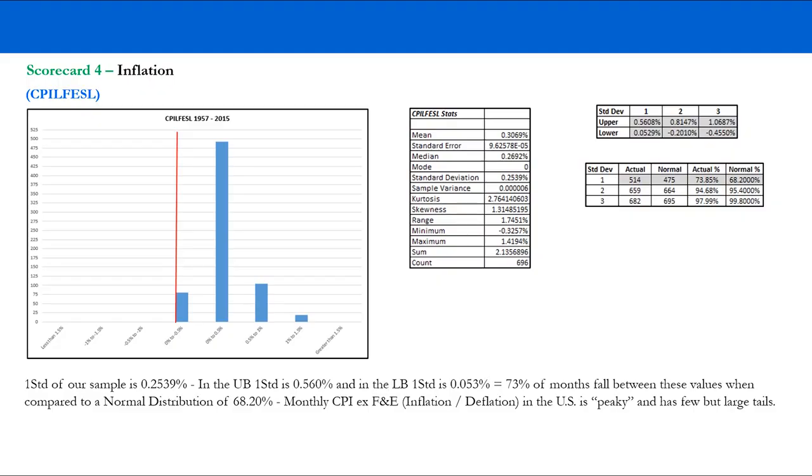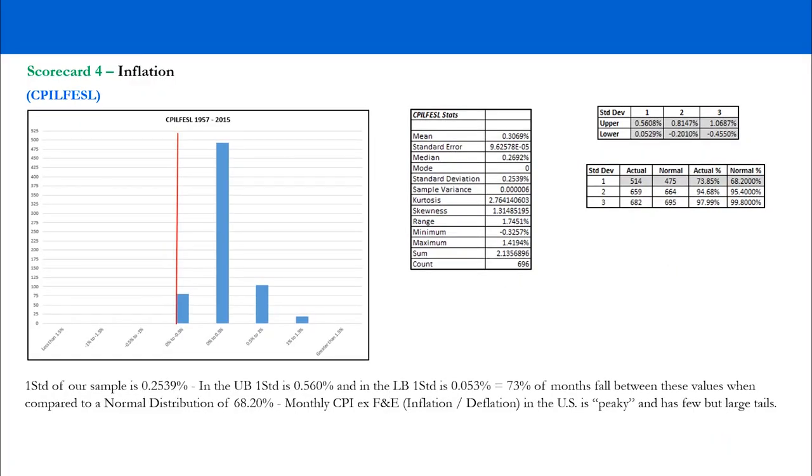So it's actually very similar in that respect to the CPI which includes food and energy. But this number here is obviously very different. In the lower bound, our one standard deviation move in a month is actually still positive, which is very surprising. It basically means that there's an incredible skew towards positive data in this data set.